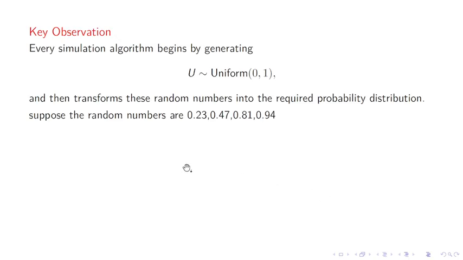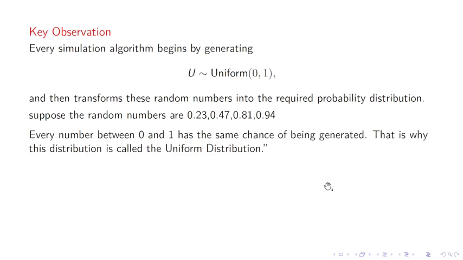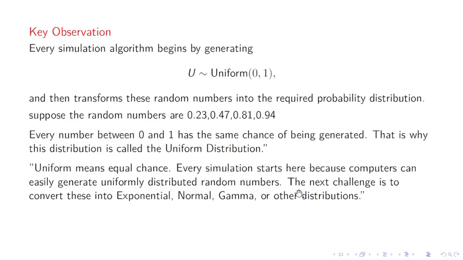Suppose the random numbers are 0.23, 0.47, 0.81 and 0.94. Here every number is between 0 and 1 and has the same chance of being generated. That is why this distribution is called uniform distribution. Here the random number is generated randomly between 0 and 1.